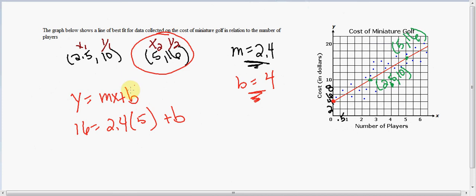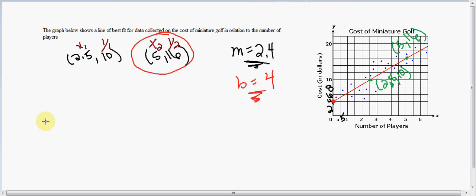And when I multiply, I get that 2.4 times 5 is 12. And so if I solve for b, I'm going to see that b is equal to 4, which is what we said it should have been a minute ago. So either way, by looking at the graph or by substituting a point into the slope-intercept form of the equation, you can get the y-intercept.